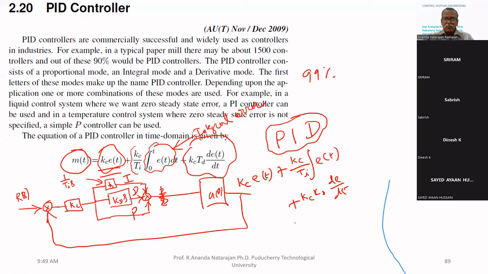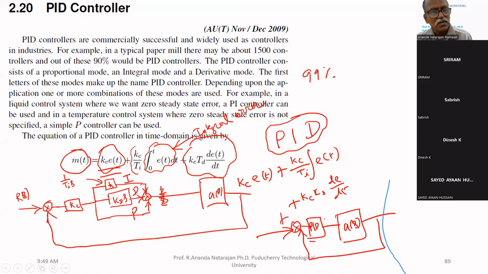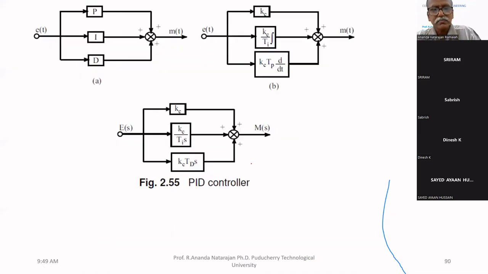Simply, for a PID controller, we will put a single PID block. We won't draw the three paths; it is understood that all three compensations are included in the single block. Then we put G of S. Most industrial controllers are PID controllers only.